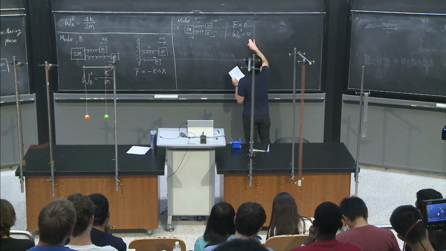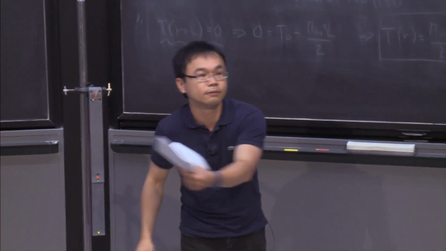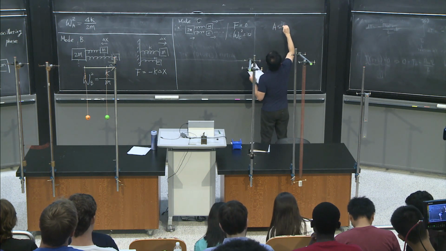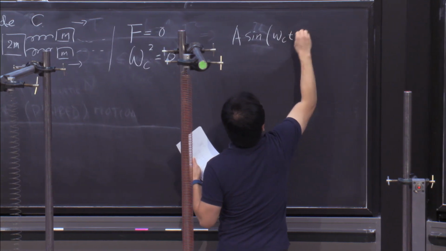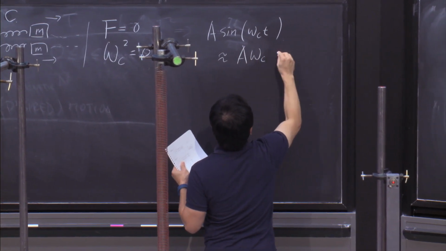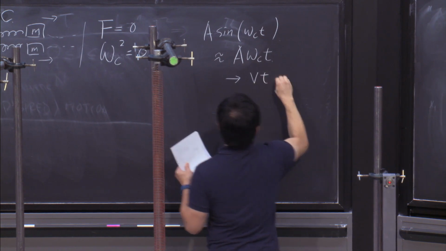In this case, the amplitude is going to increase forever, right? Because you have basically A sine omega c t, and this is roughly A omega c t, which is just Vt.